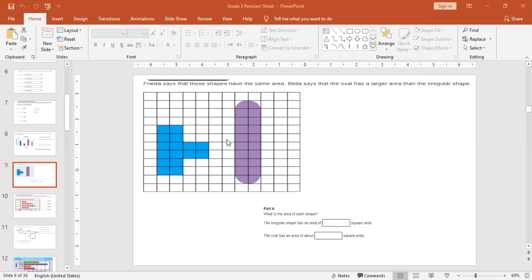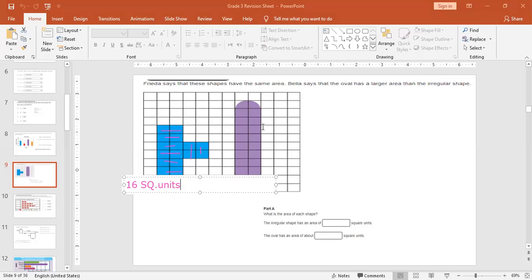Now, as I was saying, when we count here, we will get 16. Let me count it again with you: 1, 2, 3, 4, 5, 6, 7, 8, 9, 10, 11, 12, 13, 14, 15, 16. So this is about 16 square units.